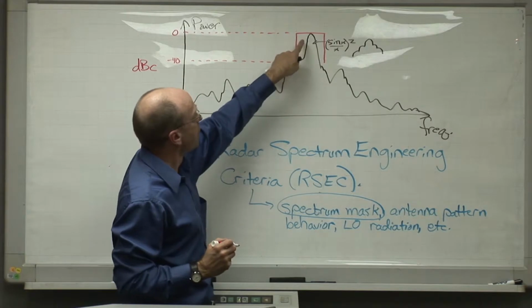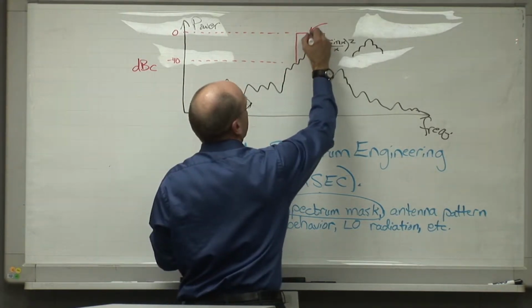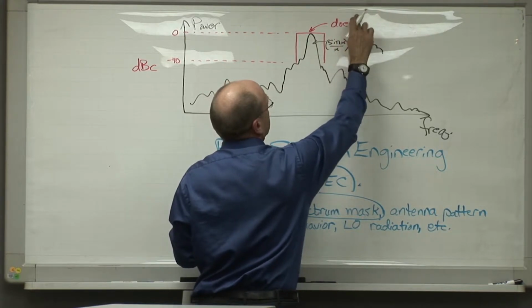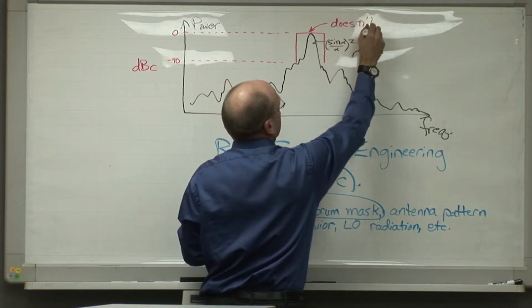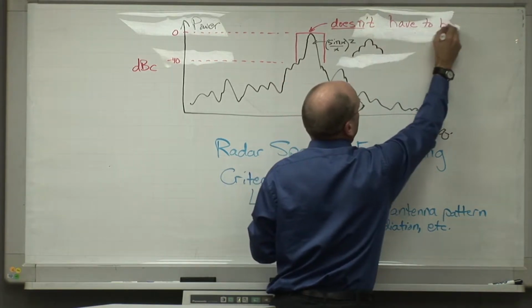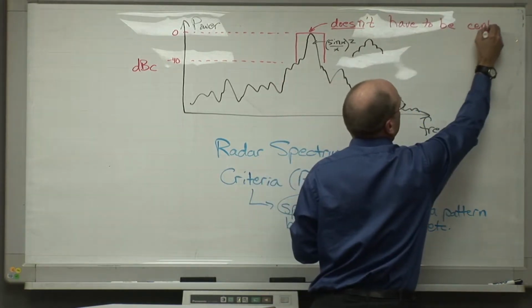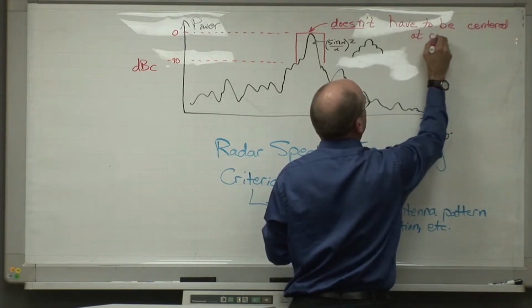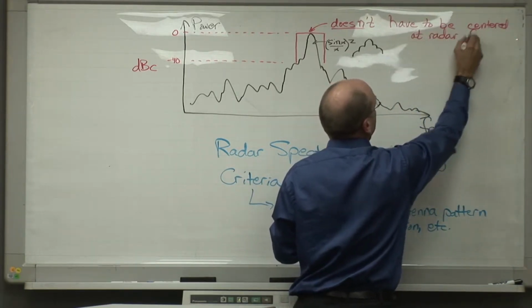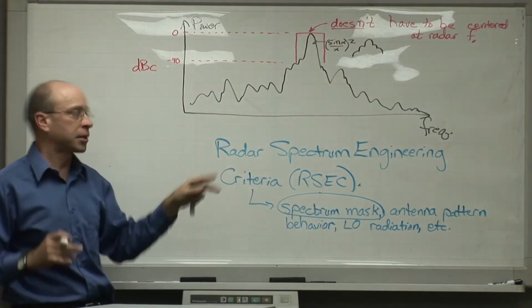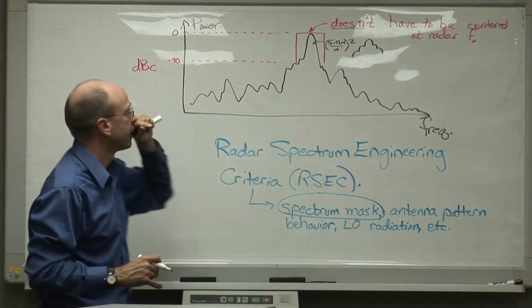Now this does not have to be centered. Interestingly enough, it doesn't have to be centered at the radar's center frequency. So you can slide it back and forth, but conventionally we just draw it centered on the radar center frequency.